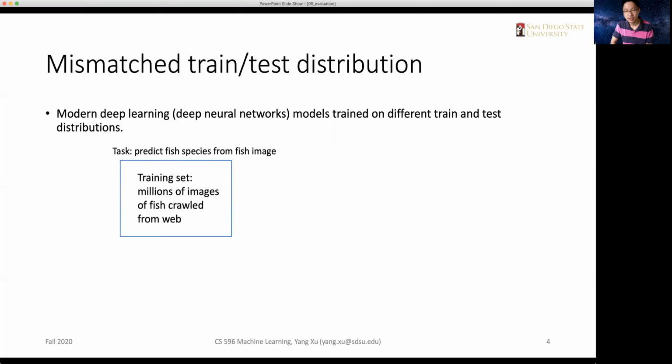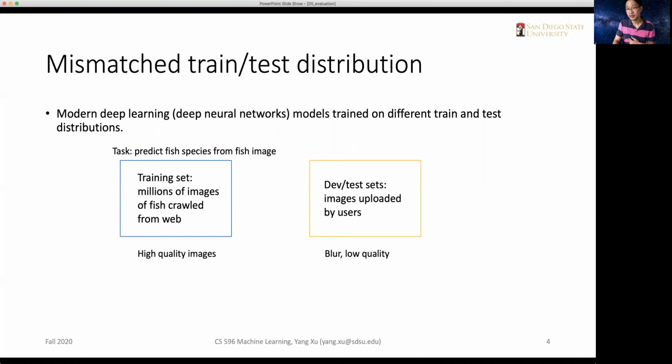It's easy to obtain training data sets. You can crawl millions of images from the web. But in the case where the model is being tested or validated, the images can be from a very different distribution. The images can be uploaded by users, so they can be quite different from the high quality images that the model has seen during training.